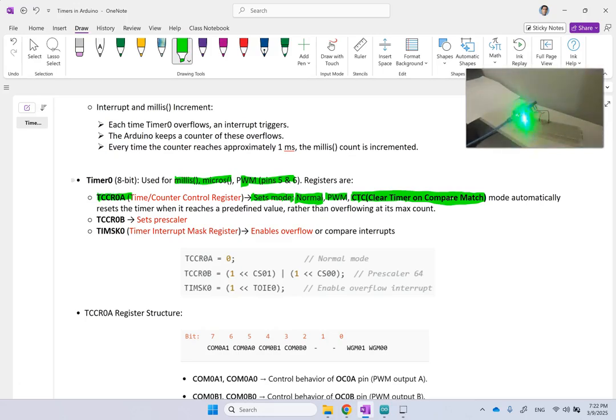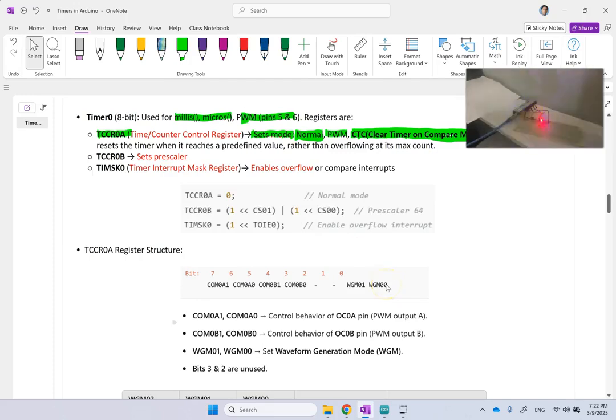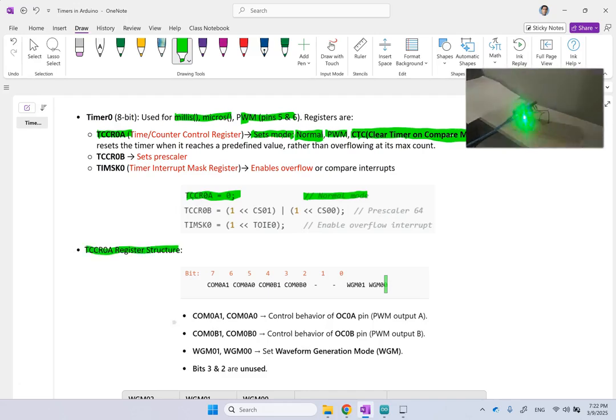Now, how do you determine the mode? Here, you can see one example. It says you set it equal to 0. When you set it equal to 0, that means normal mode. Here is the structure for this register. You can see it has 8 bits. Bits 0 and 1, which are called WGM00 and WGM01. WGM stands for waveform generation mode. These first 2 bits are the ones that determine the mode.